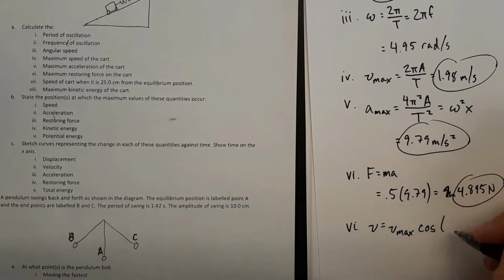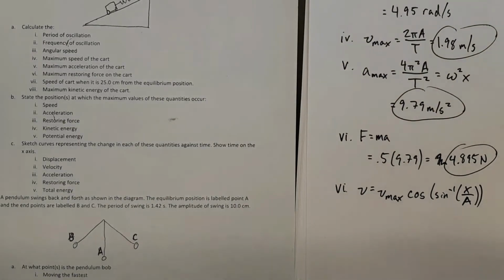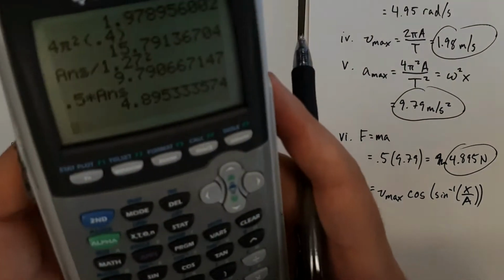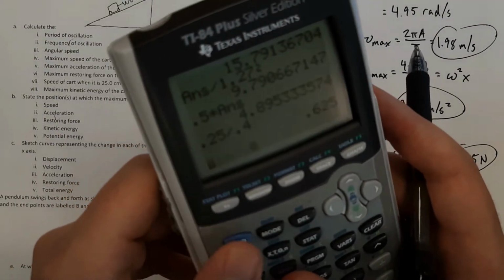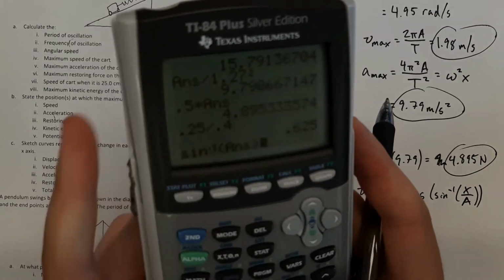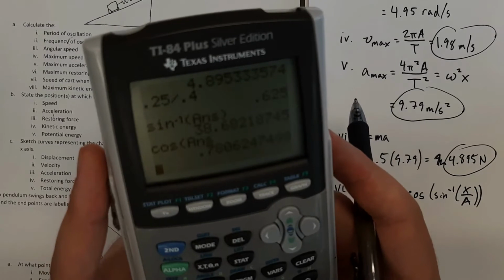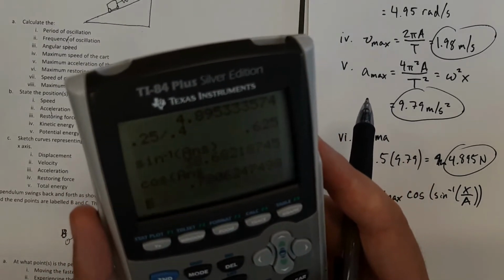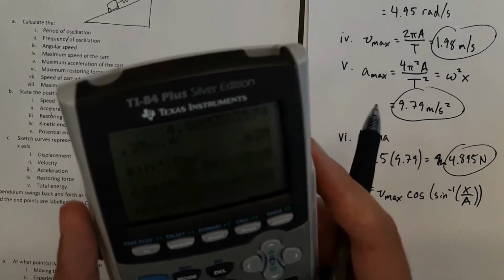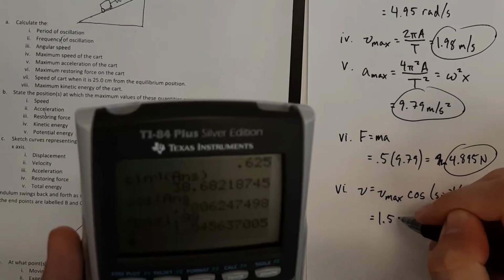One way that we can find our angle is the inverse sine of x over A. We've got an x of 25 centimeters, so that's 0.25, divided by our amplitude, 0.4. Taking the inverse sine of that, and then taking the cosine of that, gives us 0.78. Multiplying that by our maximum speed, which is 1.98, gives us our intermediate speed of 1.55 meters per second.